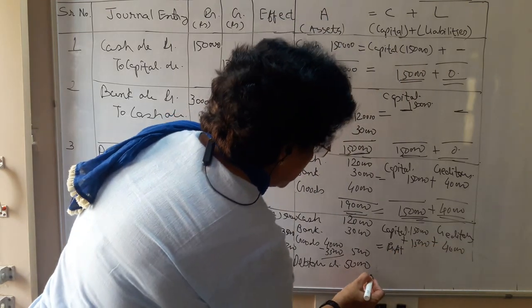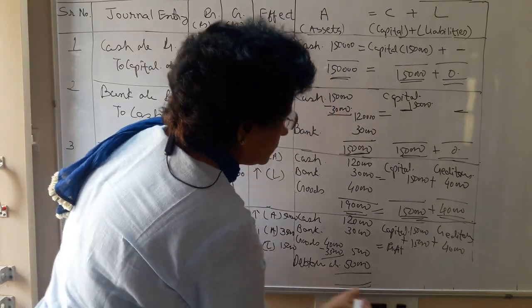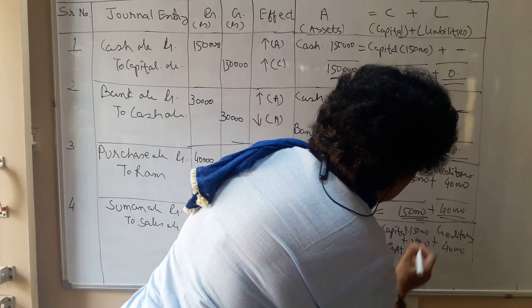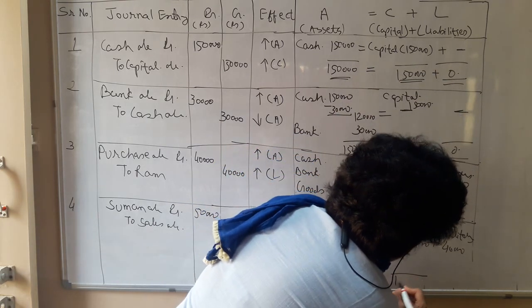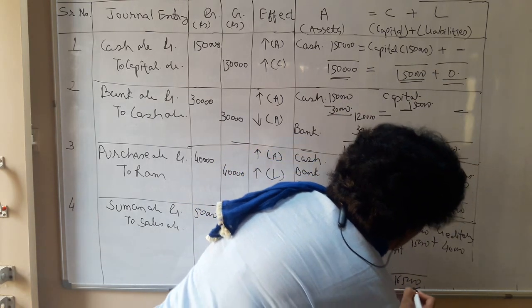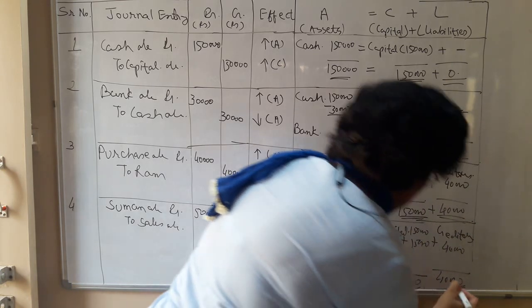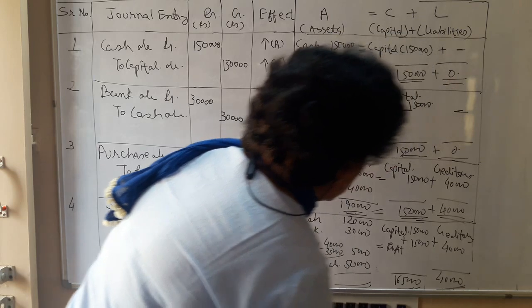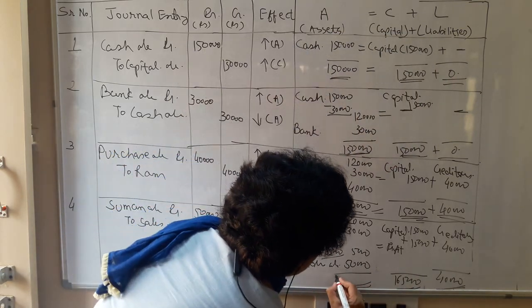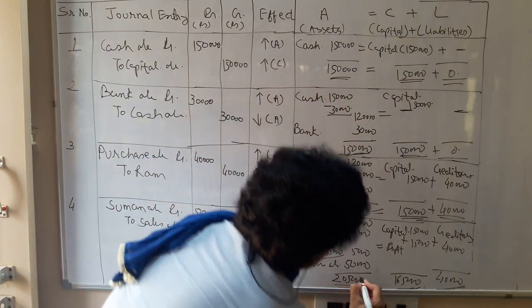Now if you do the total, your total is 1,65,000 plus 40,000 is equal to 2,05,000.